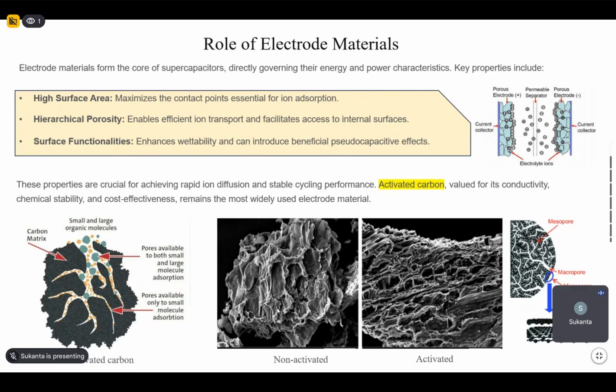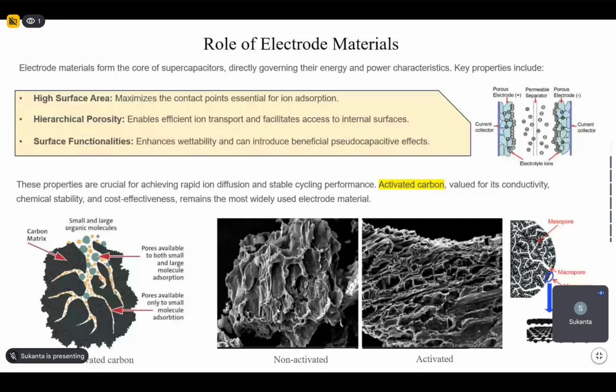The properties of the electrode materials increase the contact point with the ion or electrolyte. Porosity also, if we increase the porosity itself, the surface area will increase. The porosity will enable the efficiency of the ion transport and facilitate the access.